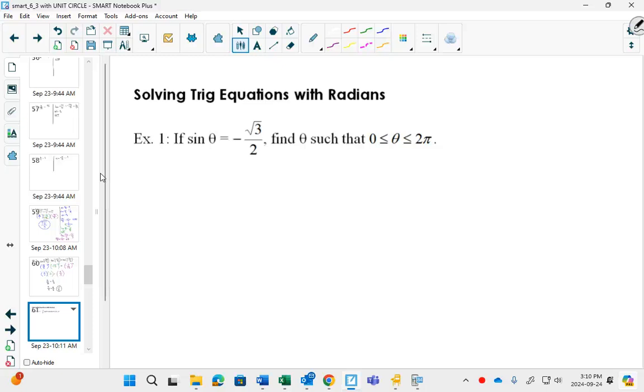So sine is your y-coordinate. You have to ask yourself, is your y-coordinate ever root 3 over 2? And the answer is yes. What family is that? So think in quadrant 1, what family is that? And here's, again, if I've memorized that sine of pi over 6 is a half, I've got root 3 over 2, it's not pi over 6, it's going to be pi over 3.